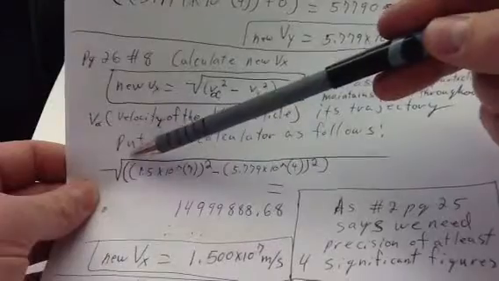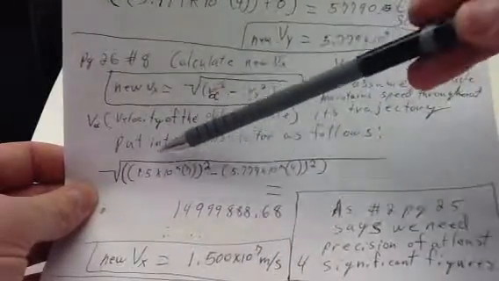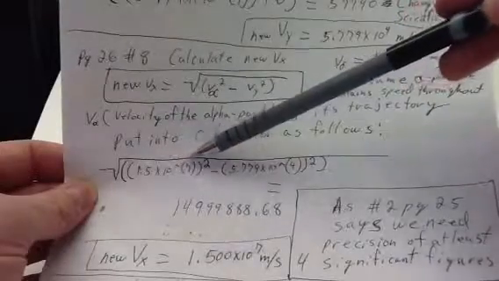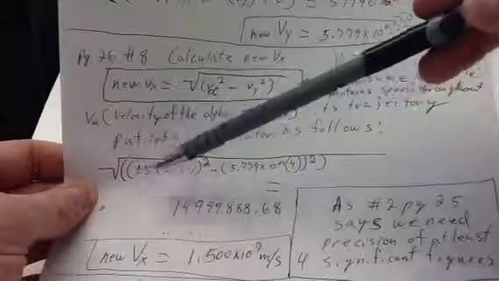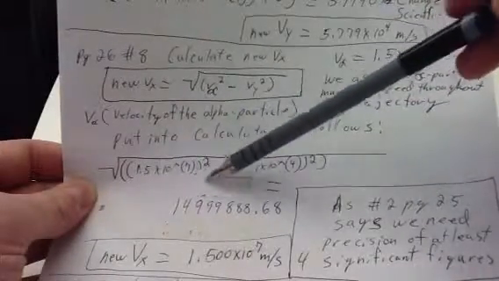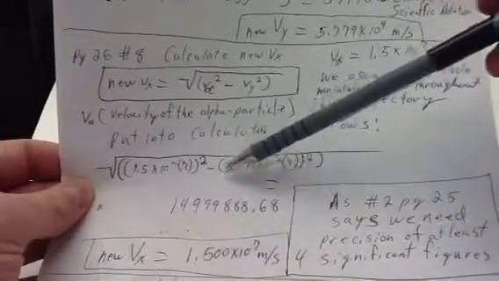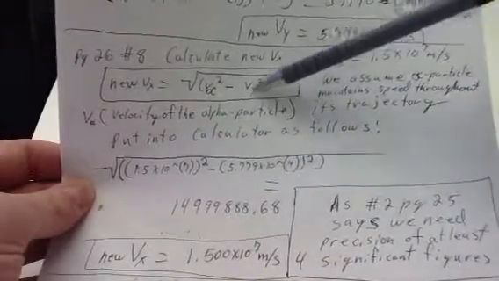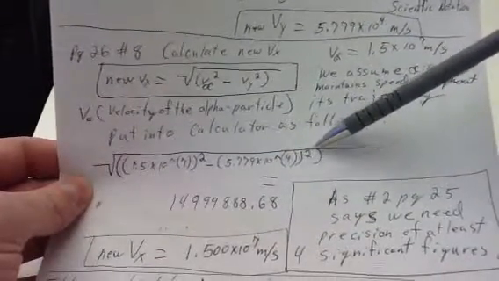Okay, so this is how we plug it in. We got the velocity of the alpha particle, 1.5 times 10 to the 7th, and squared. Make sure you get your parentheses here and here. Make sure you close off the power with parentheses. Make sure you remember to square it. If something goes wrong, go back and see if you squared it. Minus, parentheses, and then you got your velocity of y. In here, same thing. We've been doing this, right?